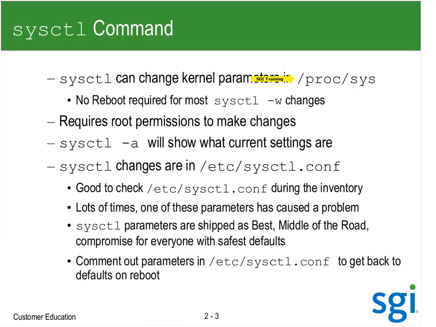In fact, I still get cases where Sysctl is out of sync with the kernel, and Sysctl might say this parameter doesn't exist because that kernel no longer has that particular /proc/sys entry point available anymore. In 99% of the cases, no reboot is required, but there are a couple of Sysctl parameters that I would reboot for, particularly in huge pages. It requires root to make any changes.